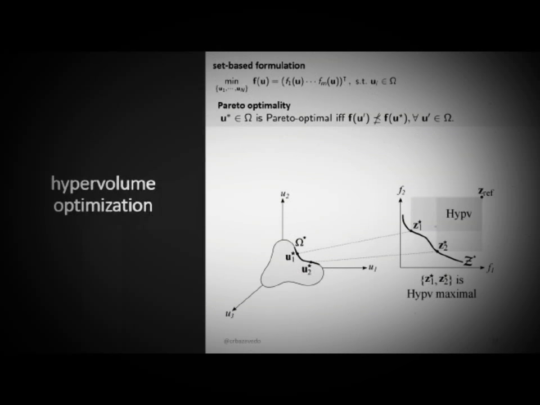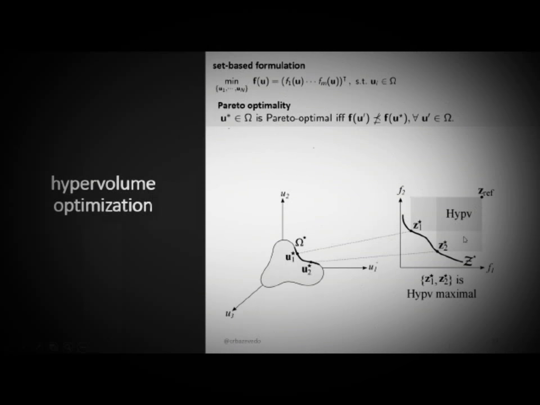And so here is where the concept of hypervolume optimization becomes handy. Now we are going to define an objective function over sets, and now we have a set-based problem formulation in which the goal is to find a finite set of decision vectors, of whatever decision you are trying to come up with, that maximizes the hypervolume, which simply measures the area of the union of the dominance regions of each and every decision.